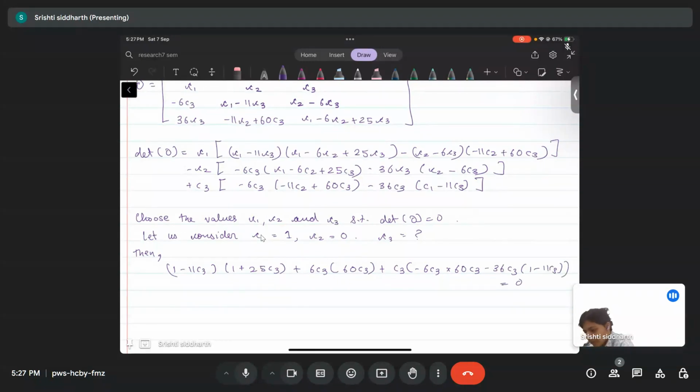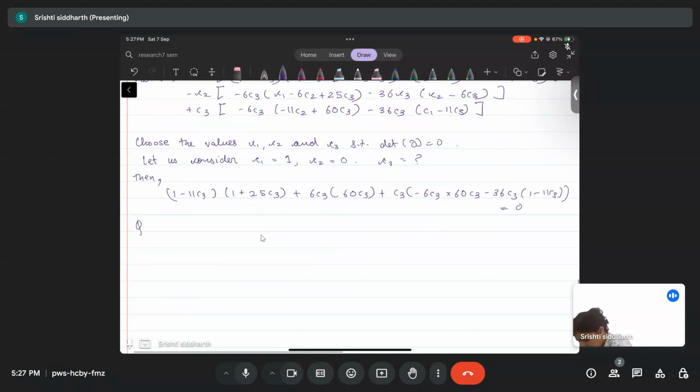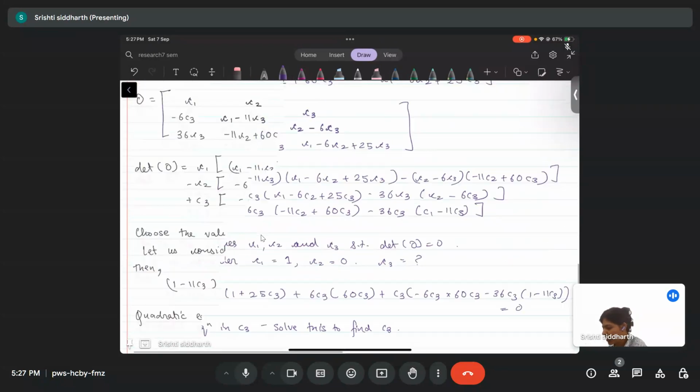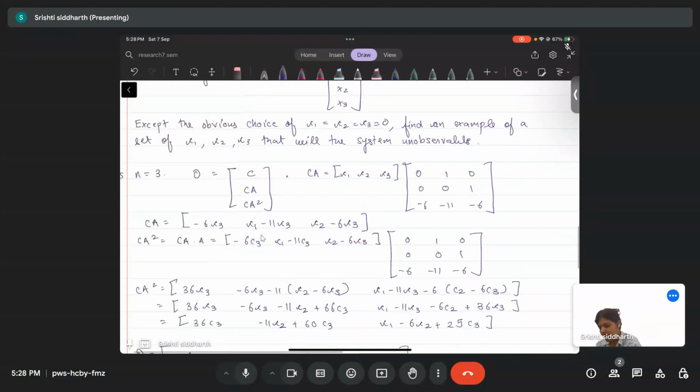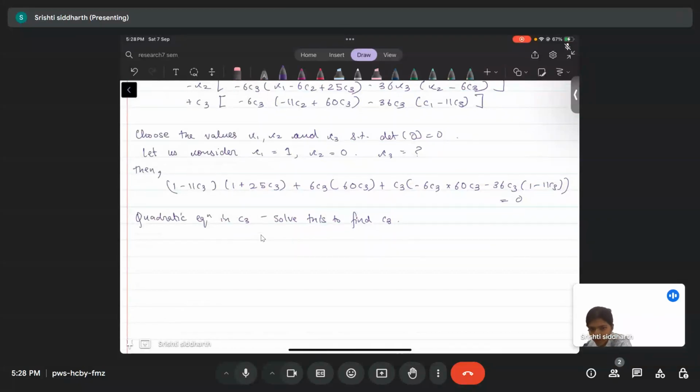This should be equal to 0. So there is a quadratic equation in C3 which you can solve to find C3. We just need to find one example of this set C1, C2 and C3 that will make the system unobservable.